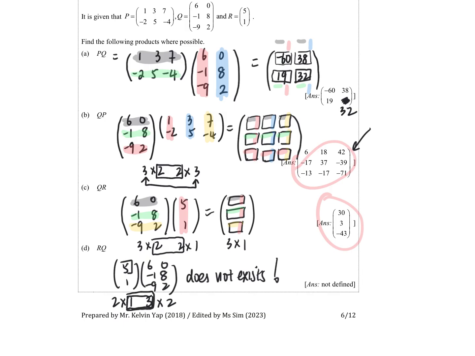So you see my row is not enough to multiply my column. Not enough entry. Yes, the inner two must be the same, correct? Okay, these two must be the same. Two times 3.